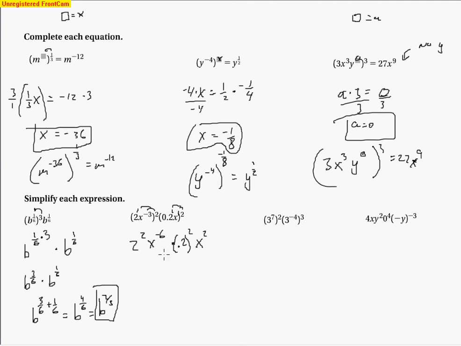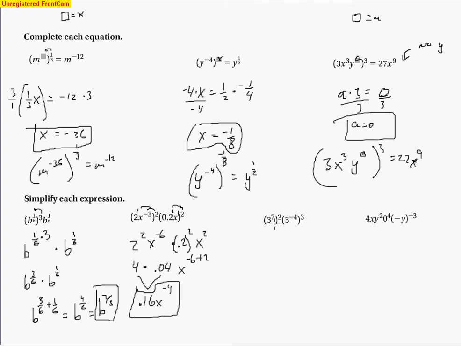So I end up with 4, and then here I have times 0.04. So 0.2 times 0.2 is 0.04. And then I count up the exponents. So negative 6 plus 2. So I can go ahead and multiply these two numbers. Makes 16, but that moves the decimal 2 spaces over. So 0.16 x to the negative 4th power.